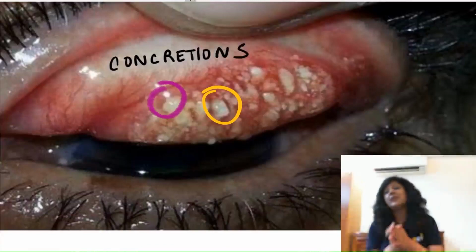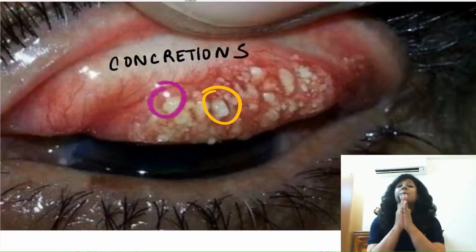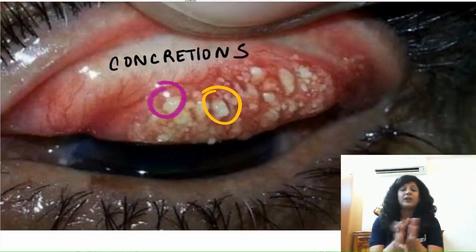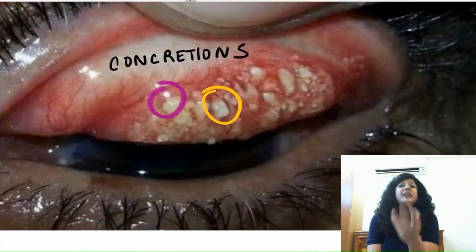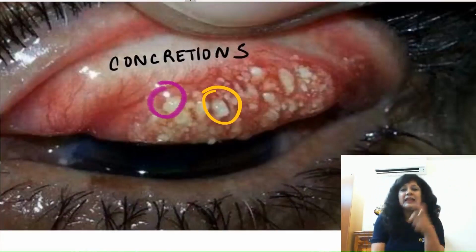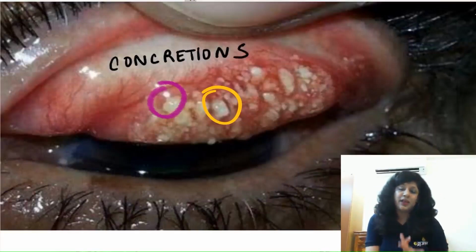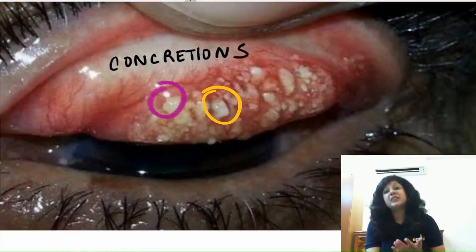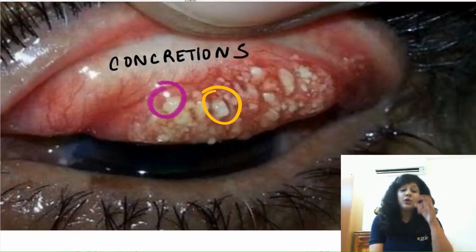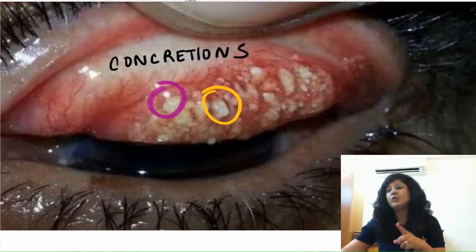So there can be bacterial corneal ulcer, and the only complication of the trachoma is the corneal ulcer. How, ma'am? There are so many things which are occurring in trachoma, because the other things are just the sequelae. Complication is one thing that is leading to blindness. So blindness is occurring only due to corneal ulcer leading to corneal opacity. Other things are just the sequelae. Okay, so concretions is one thing that can lead to corneal erosion and that can lead to corneal ulcer.